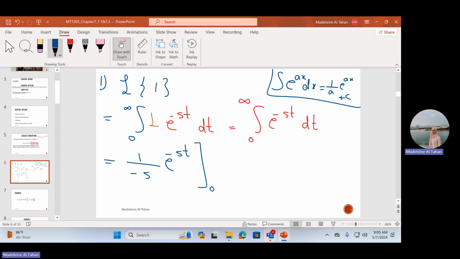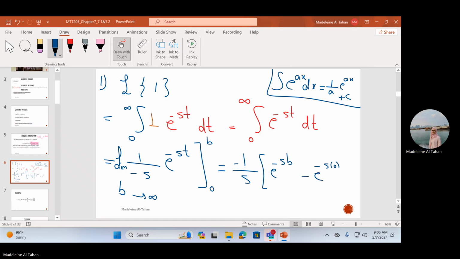Whenever we see infinity, it means that we are taking a limit. So what we used to do in calculus, you put the limit as b tends to infinity. This is what we used to do. But in our mind, when I tell you e to the power negative infinity, you know that this is the limit as t tends to infinity. So let's write, what will we get now? 1 over negative s, e to the negative sb minus e to the negative s times 0.